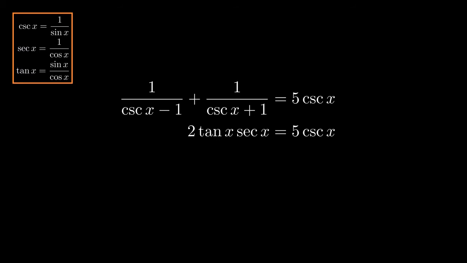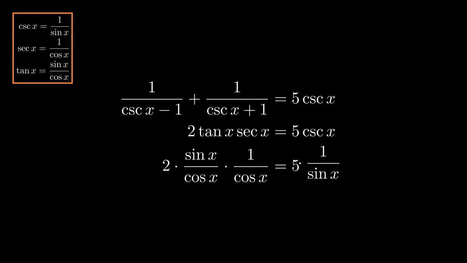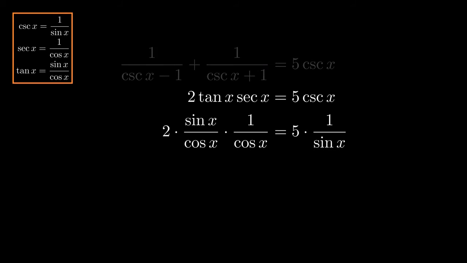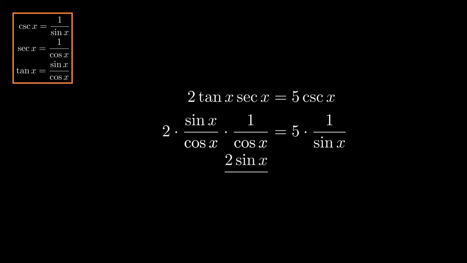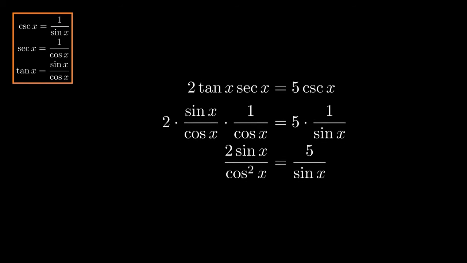I'm writing the tangent in terms of sine, cosine, and the secant in terms of cosine. As I said, I like to work with sines and cosines. It's my preference. Okay, now we're multiplying those things together, just making it a little neater.